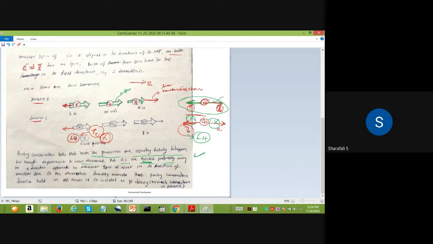Particularly in one direction, which is opposite to the nuclear spin, and never in the direction of the spin. Electrons are always emitted in the opposite direction. You can make that conclusion from this figure.